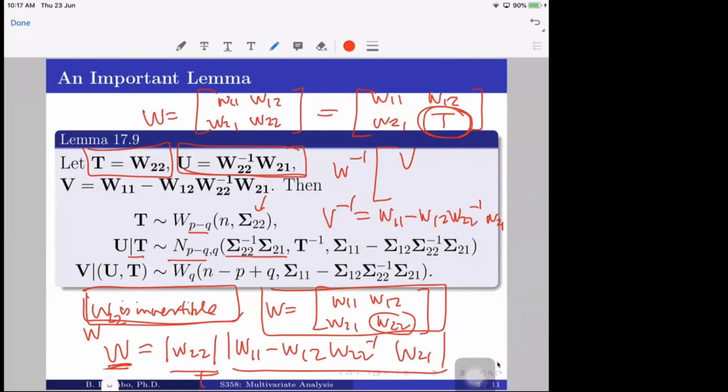This is your mu, this is your psi, and this is your sigma. And the conditional distribution of V given the joint of U and V, we will go back to Wishart. This is the degrees of freedom. And this is central because what you have is just a component of sigma. So this is central. Delta here is 0.